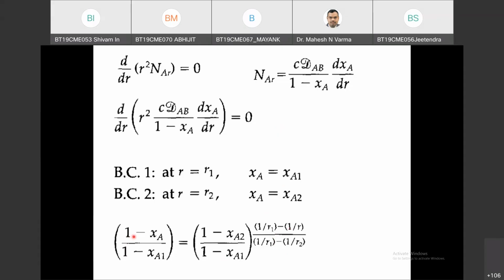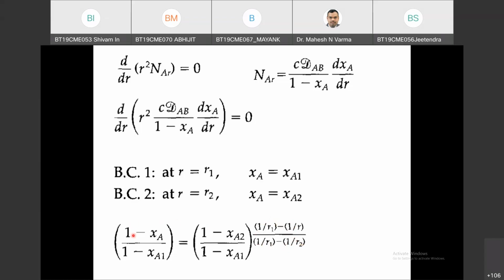(1 minus XA)/(1 minus XA1) equals ((1 minus XA2)/(1 minus XA1)) raised to the power of (1/R1 minus 1/R) divided by (1/R1 minus 1/R2). After substituting all these, no ln term will be there.